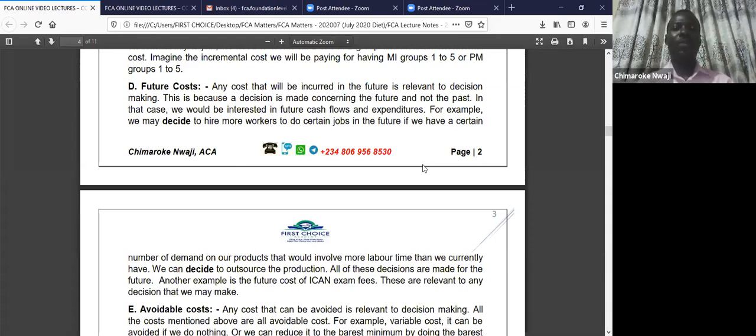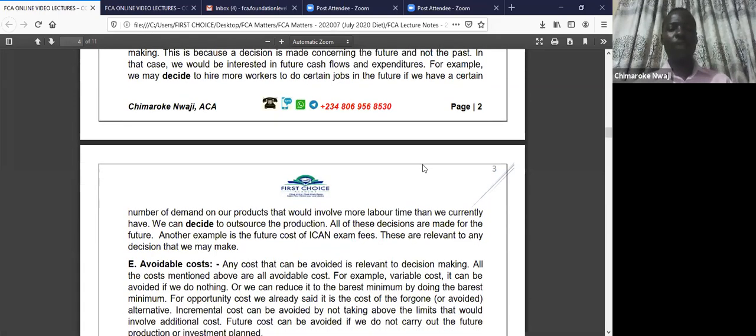So anything that you plan to do in the future, any cost you plan to incur in the future, is relevant. You do not take a decision on something that is past. You take a decision to do something in the future.